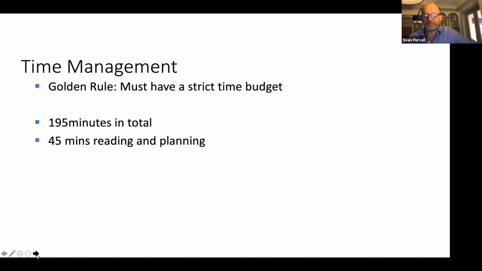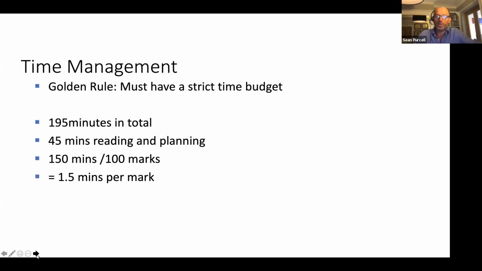I'm probably going to spend about 45 of those minutes reading and planning, making sure I'm focusing on what is required and giving appropriate levels of comments in the context of the marks. So essentially, I've got 150 minutes left for 100 marks. Once I've done this planning, I'm strictly going to apply 1.5 minutes per mark.